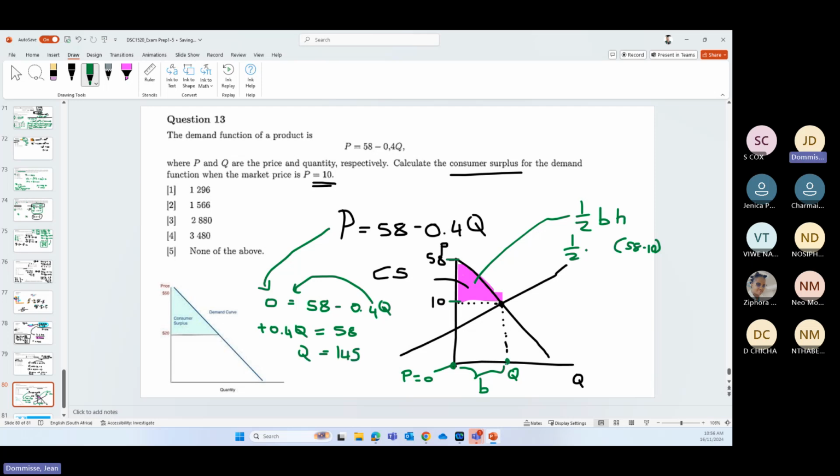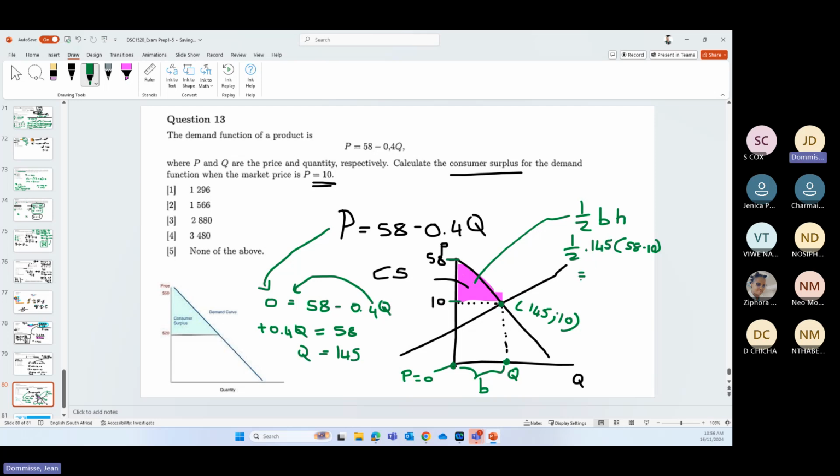So that point of Q where it was 145 Q and 10. So we can say the base is 145.